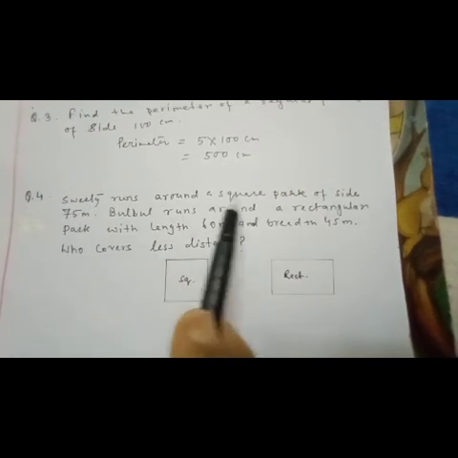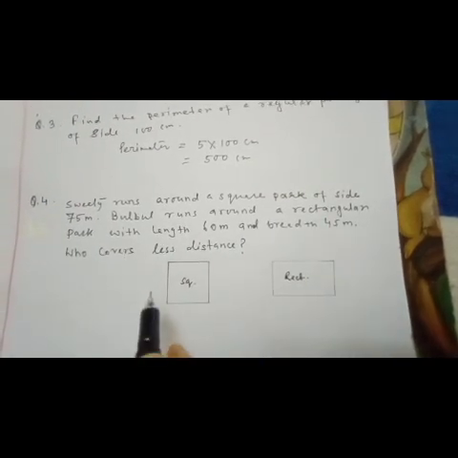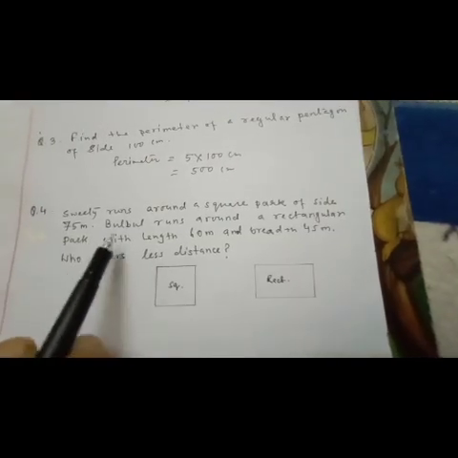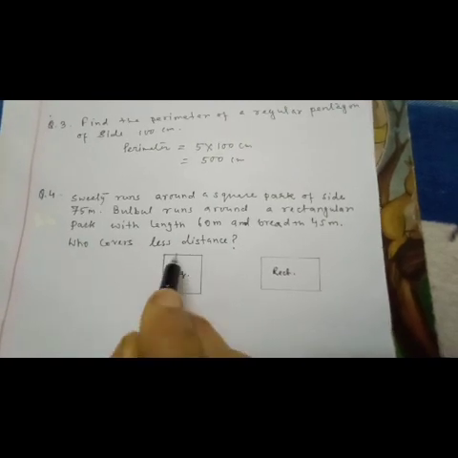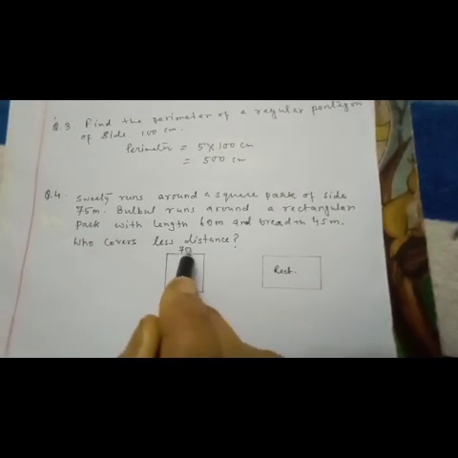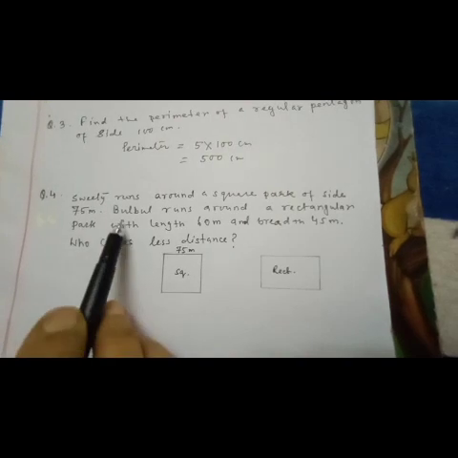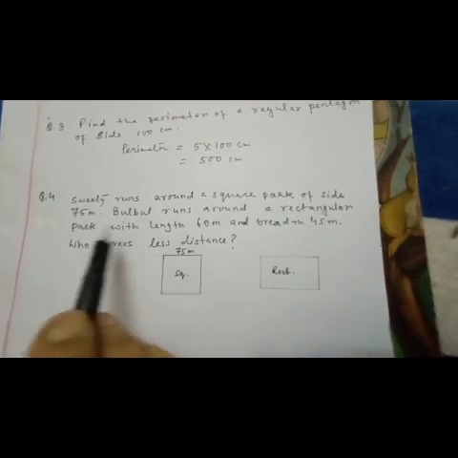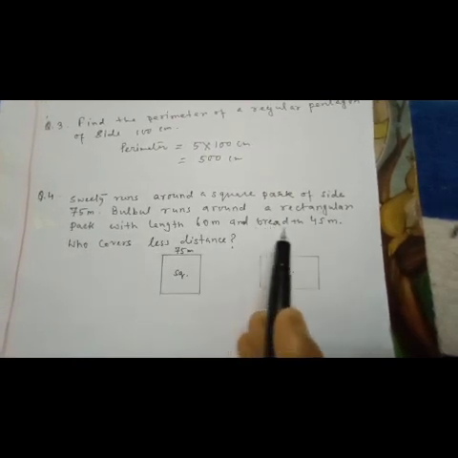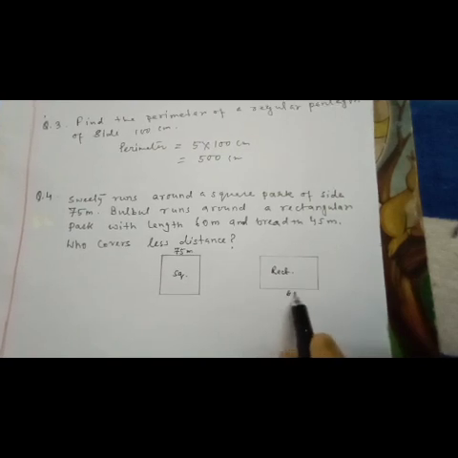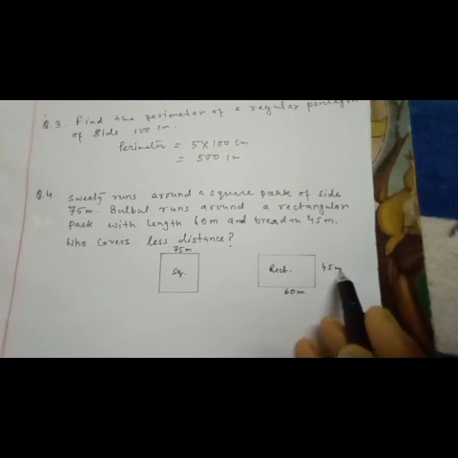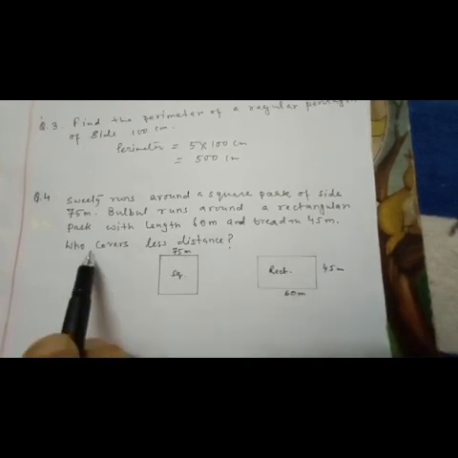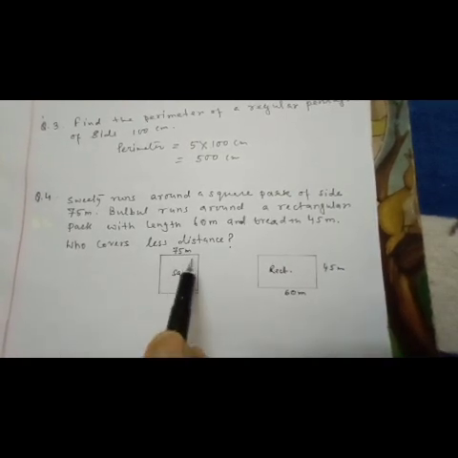Sweetie runs around a square park of side 75 meter. Bulbul runs around a rectangular park whose length is 60 meter and breadth is 45 meter. So you have to find who covers less distance.